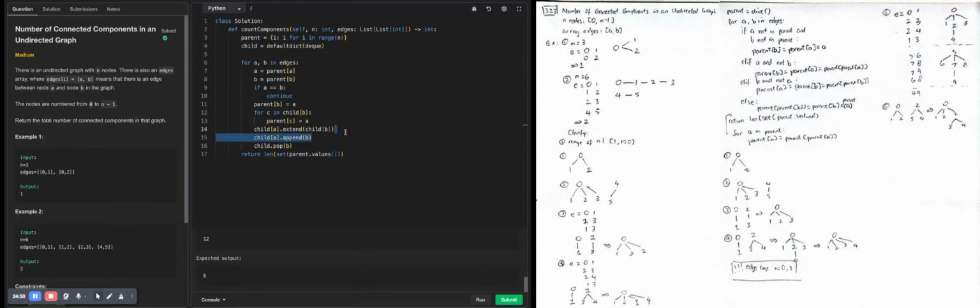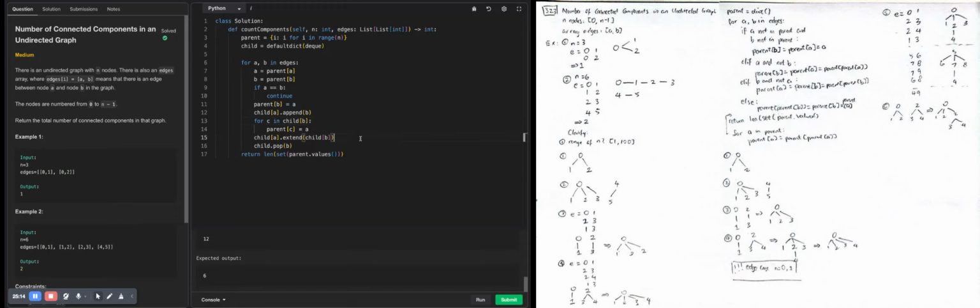Now, I moved it up for better clarity. So after that, I will extend all the children of the parent.